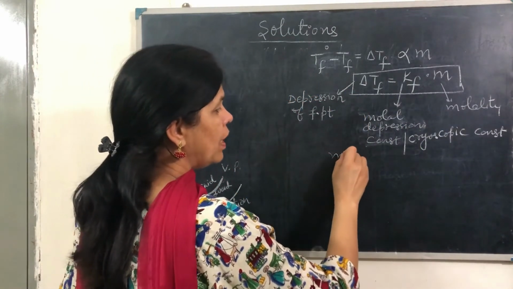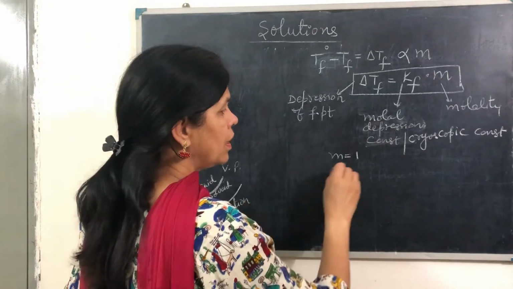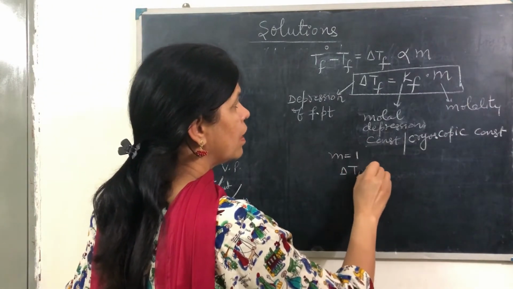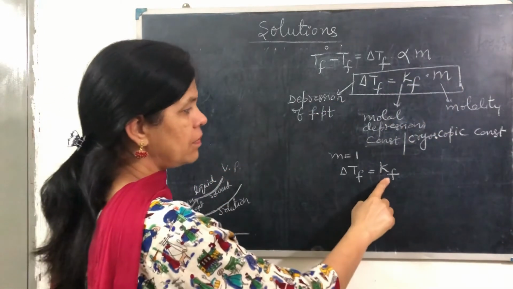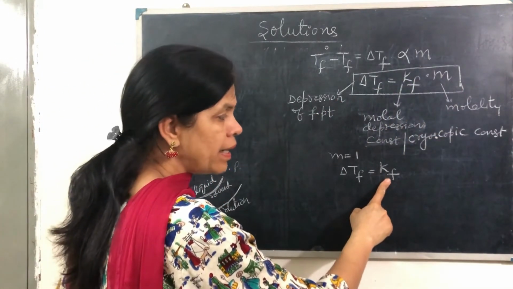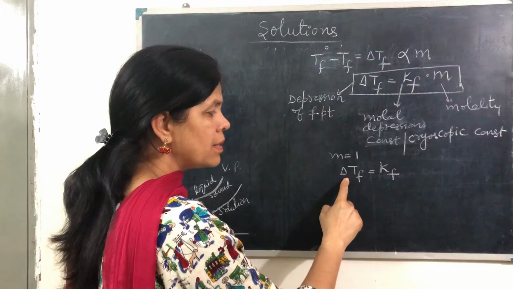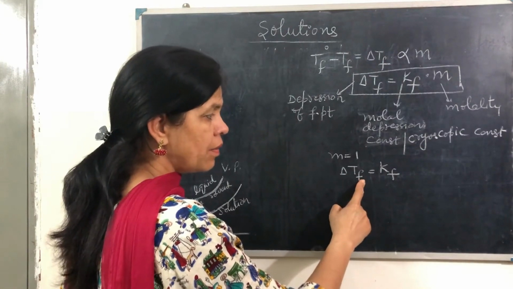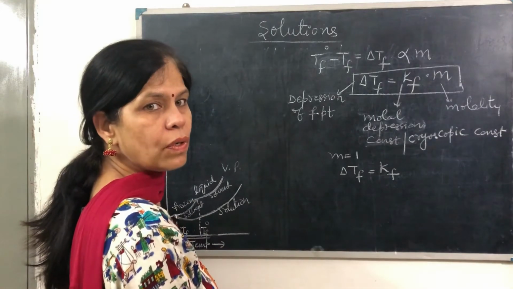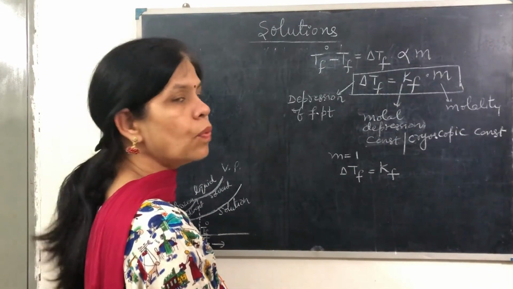If I say molality of solution is unity, then delta Tf becomes equal to Kf. This value is 1. How will you define Kf? Kf is defined as the depression of freezing point of solvent when concentration of solution is unit molal.